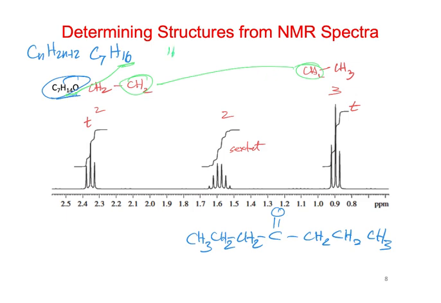Right? 16 minus 14 equals 2. You divide that by 2, you have 1 unsaturation. Okay. So it just tells you that there has to be either a double bond, a pi bond, or a ring. Okay? Let me give you a different way to calculate out unsaturations.